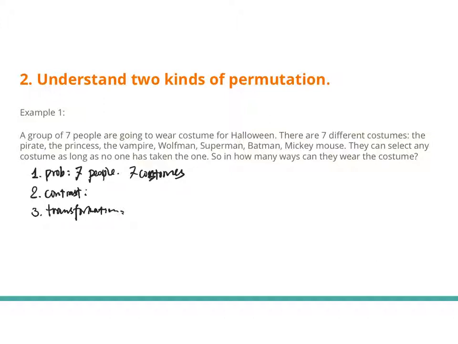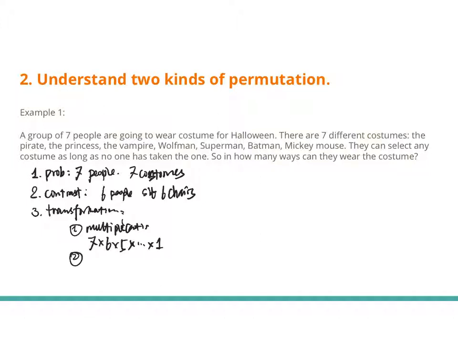So if we recall, how did we solve the problem of 6 people sitting down together, which is 6 chairs? The first way is to use the multiplication principle to reason it through. So that should be 7 times 6 times 5 all the way down to 1.